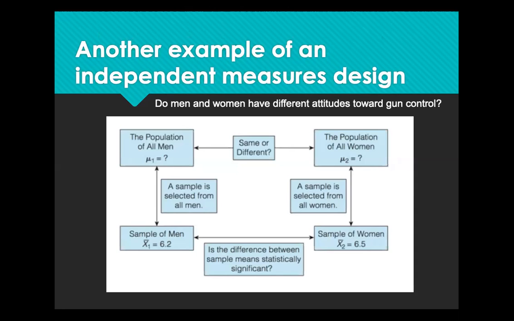So the independent variable is gender, whether you are male or female, and the dependent variable is attitude toward gun control. As shown in this slide, we're looking at whether the difference between the sample mean of men and the sample mean of women is statistically significant.